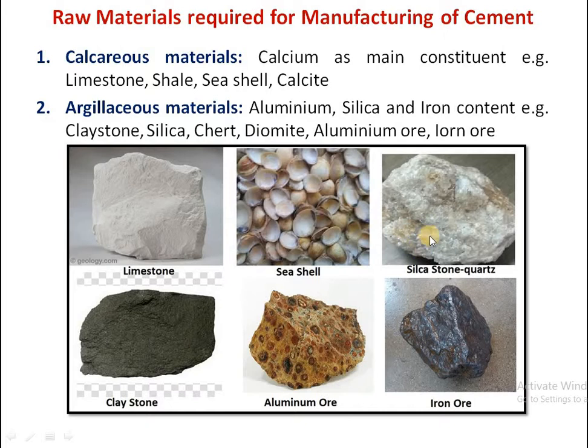Here, clay stone and silica stone are available, which contain a maximum amount of silica. Similarly, aluminum ore contains more aluminum as a main constituent, and the iron ore contains more iron content. All these materials are available in the form of natural rocks and can be used as the raw materials for cement manufacturing.